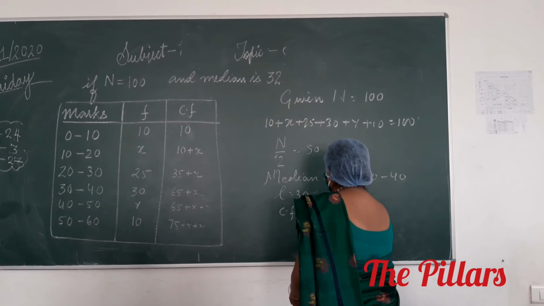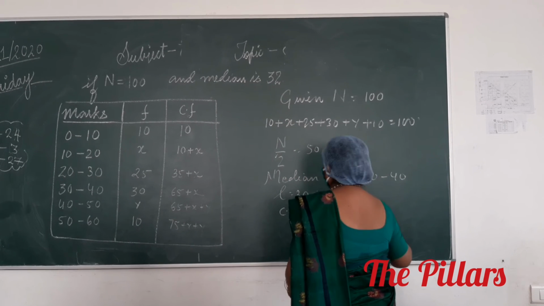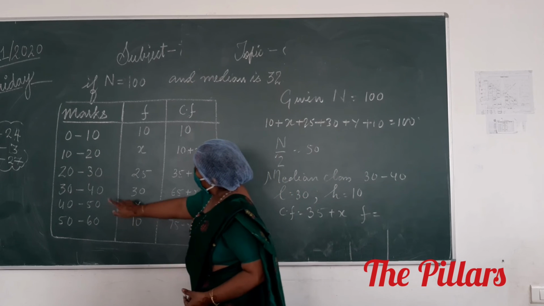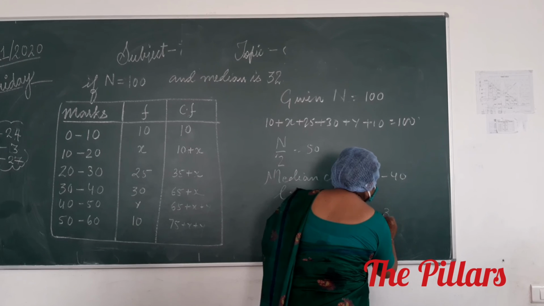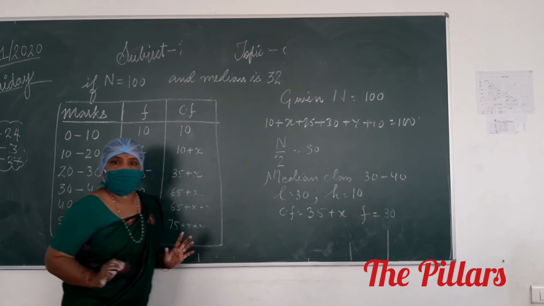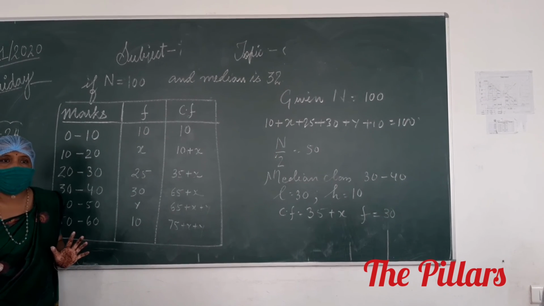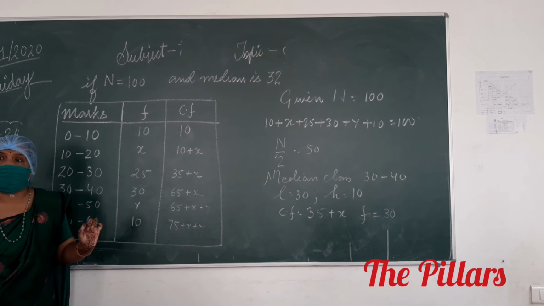And the frequency of the median class? 30. We have all these things with us. Is it clear to all of you?